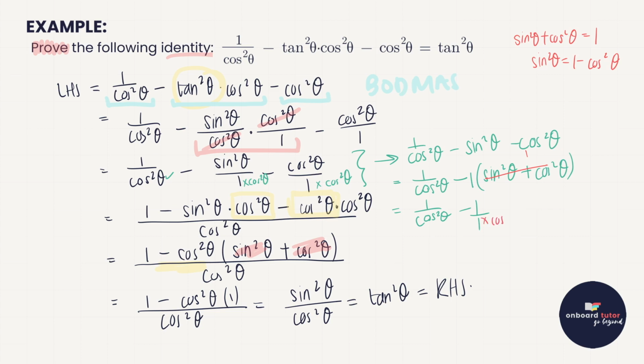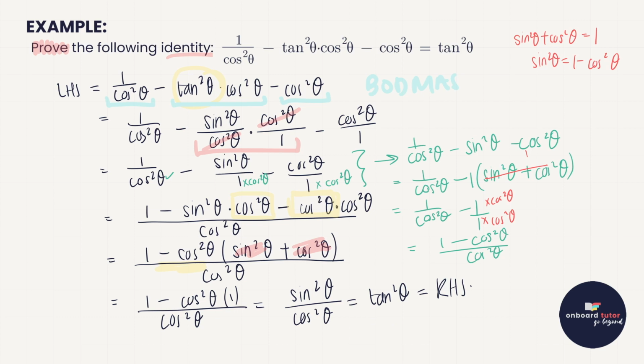Let's give a common denominator, cos squared times cos squared. Let's see what happens here. So we've got 1 minus cos squared theta over cos squared theta, which is exactly where we were here in this step here, or probably here once we had dealt with the fact that that was 1. Okay, so that will then also change to sine squared, and sine squared over cos squared is equal to tan squared. So more than one option.